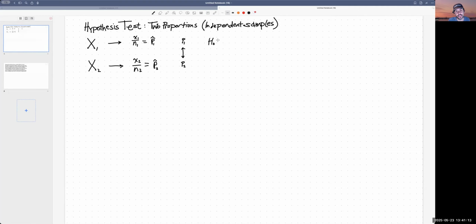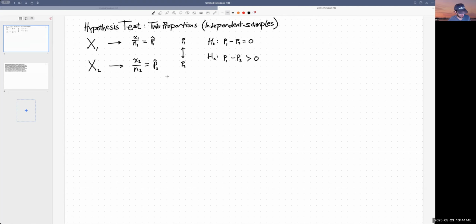Typically, our null hypothesis is that the proportions are equal, or put another way, that the difference between the proportions is 0. And the alternative hypothesis, in the example I'm going to give, will be that one proportion is greater than the other. You could have less than as well, depending on what it is you're looking at. So that's the setup.